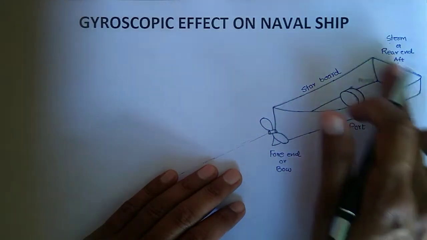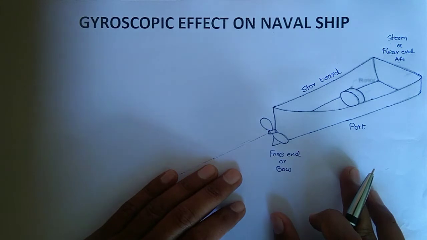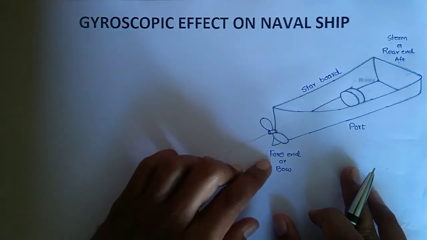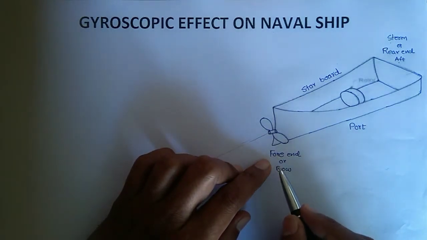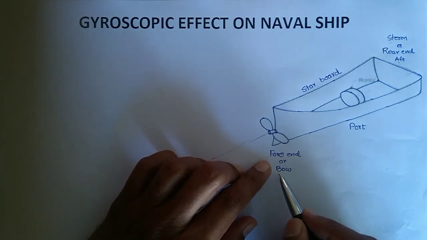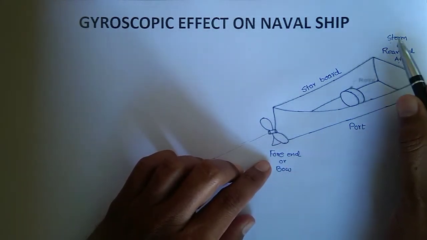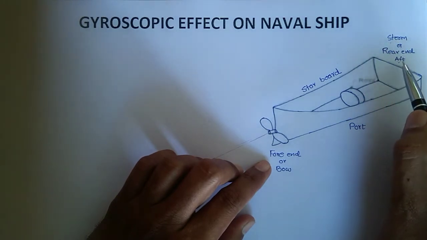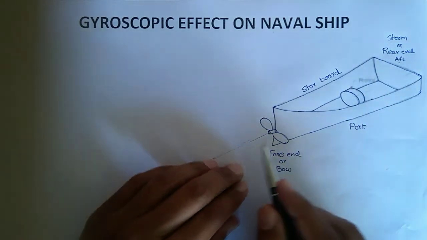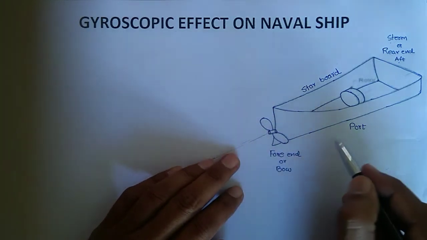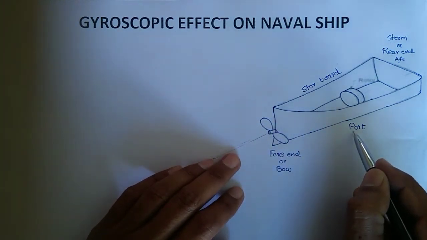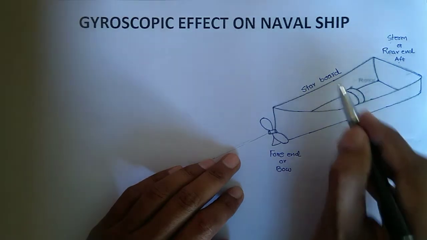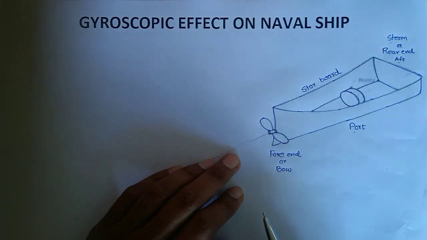So this is our ship, and the terminology is: fore end or bow, rear end or stern, or aft. If we see from this end, the right hand side is known as port, and the left hand side is starboard.